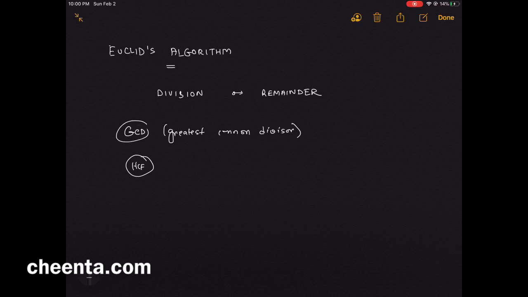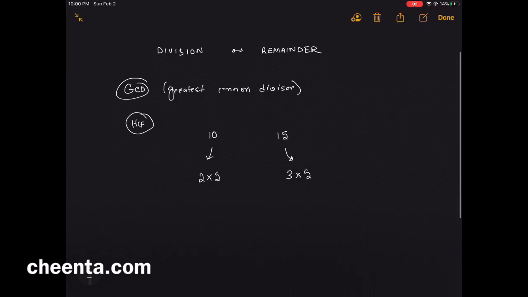If you want to find this, one way is to prime factorize the two numbers. So let's suppose I want to find out the GCD of 10 and 15. I would prime factorize 10, so that's 2 times 5. I'll prime factorize 15, that's 3 times 5. And I'll look into the common stuff.